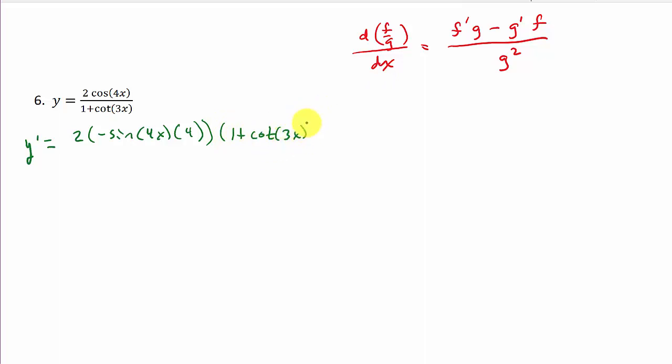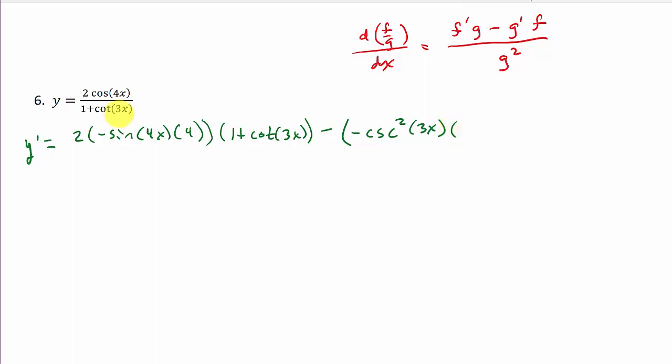cotangent 3x. So the derivative of the numerator times the denominator minus the derivative of the denominator. So let's take the derivative of the denominator. Well, the derivative of 1 is 0, and then the derivative of cotangent, remember, is negative cosecant squared times the derivative of what you're taking the cotangent of.